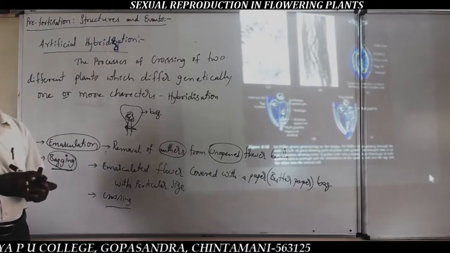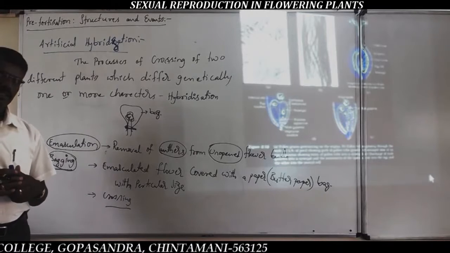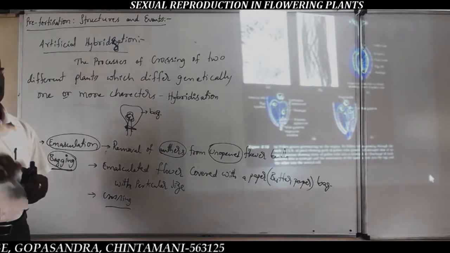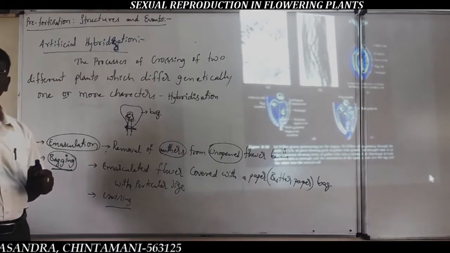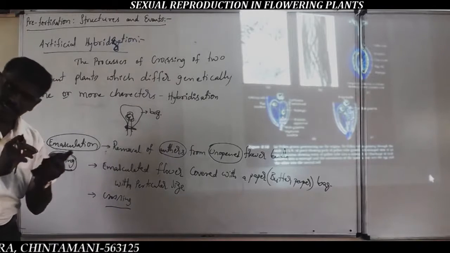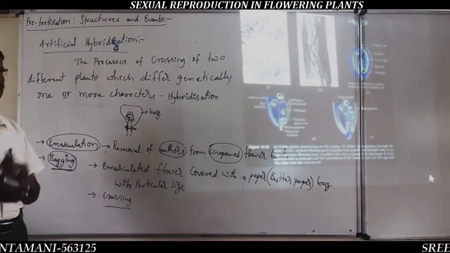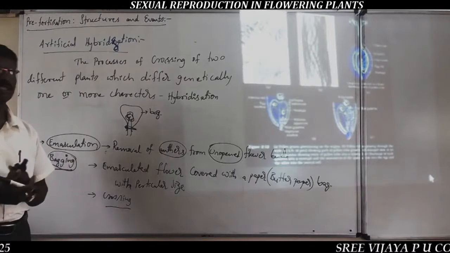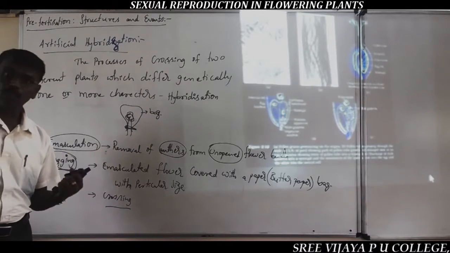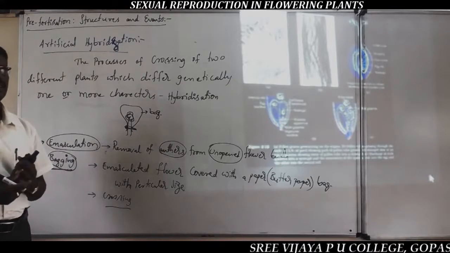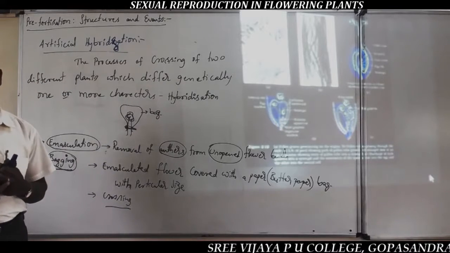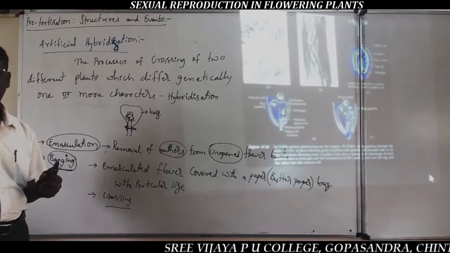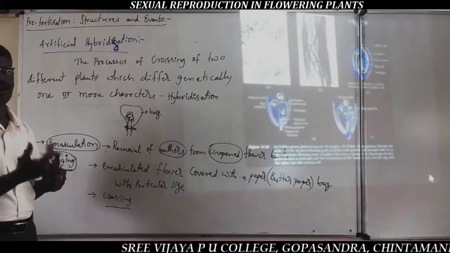Why do we need rebagging? Sometimes the stigma is not completely matured when we make the crossing, and we leave it open, not covering it. During that time any other pollen grain may fall on it, which is not the desirable character, and the process is lost.